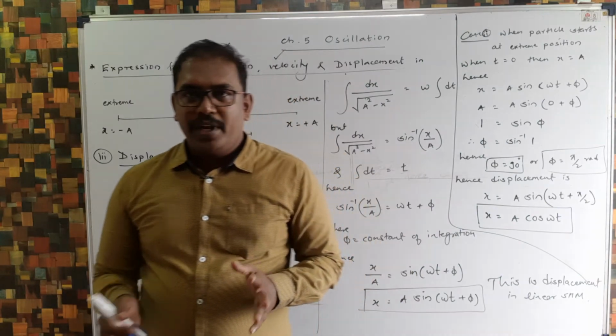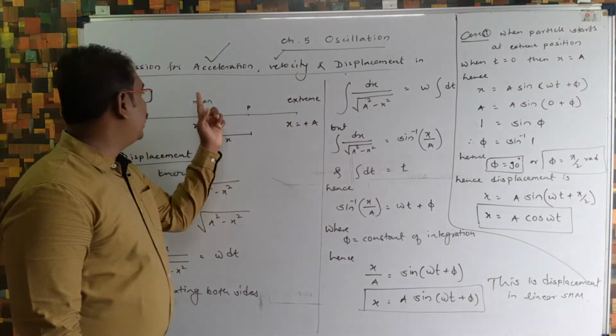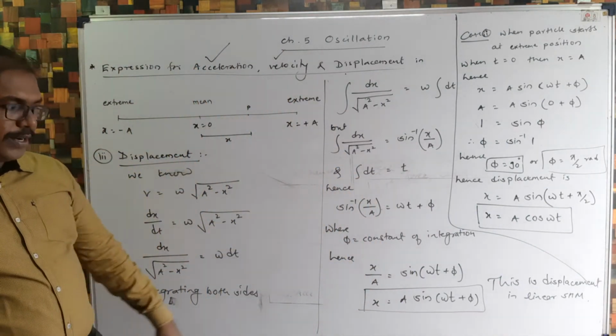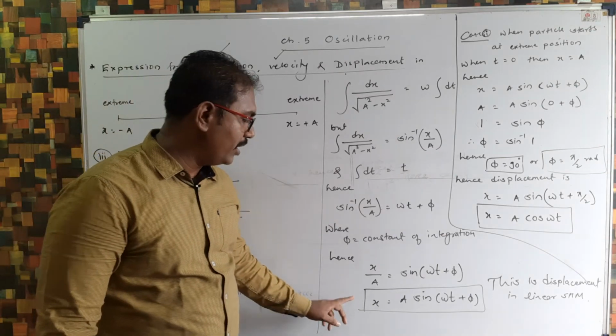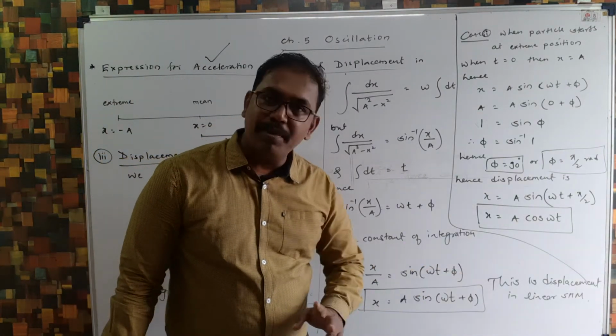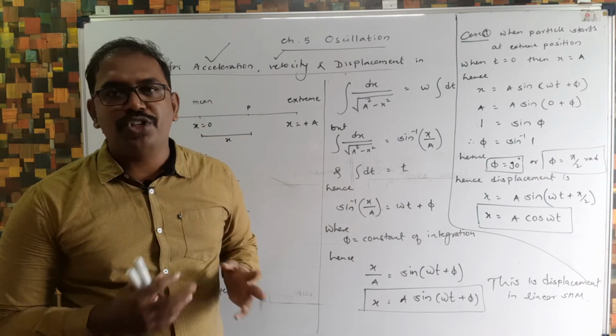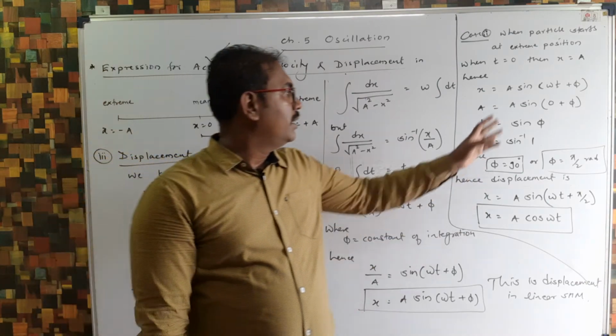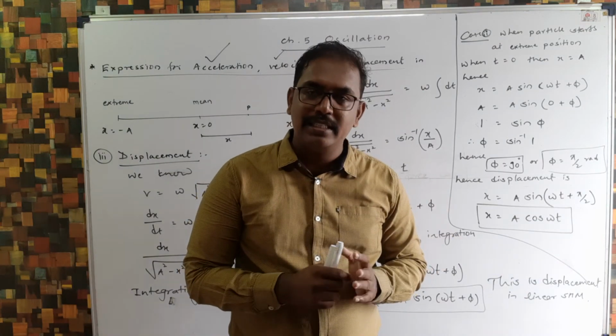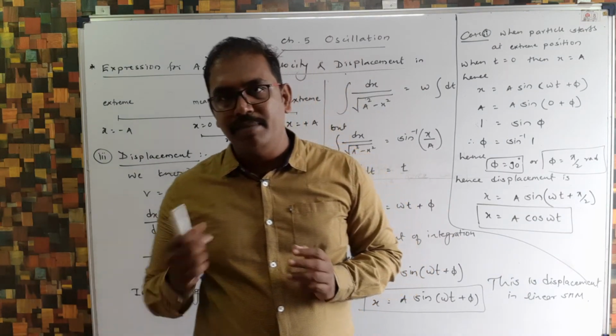Now here we learn displacement in linear SHM. In that expression, in general, displacement equation is x is equal to a sine omega t plus phi. But if you have idea about the initial position, if particles start at mean, then displacement is x is equal to a sine omega t.